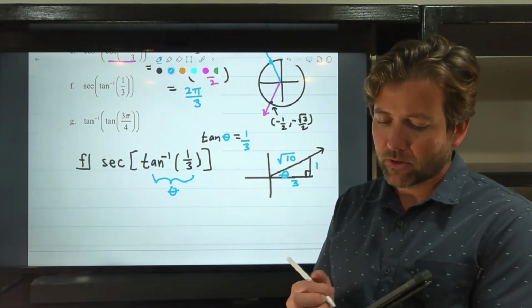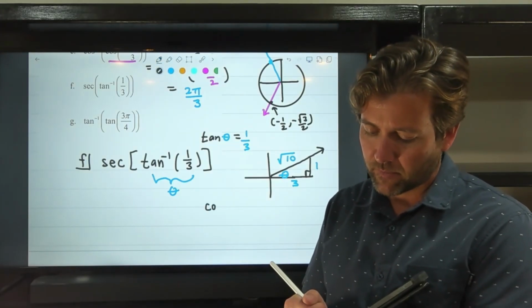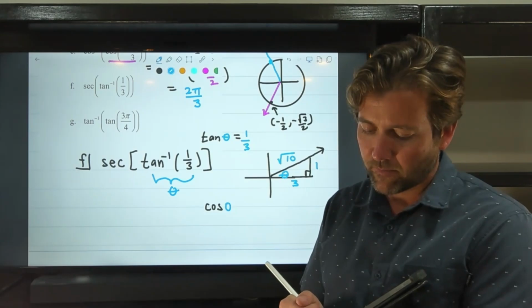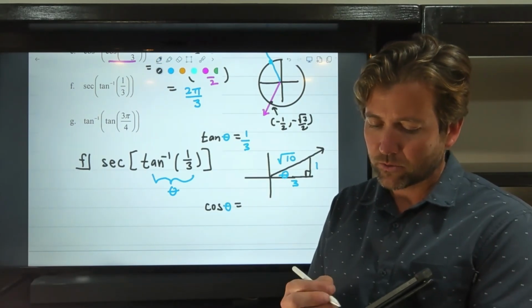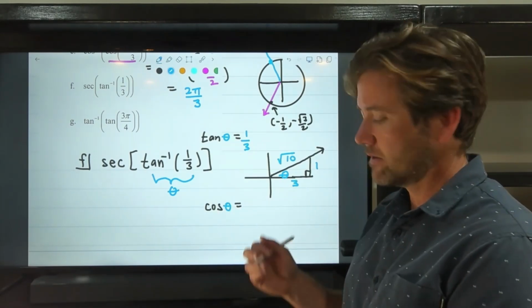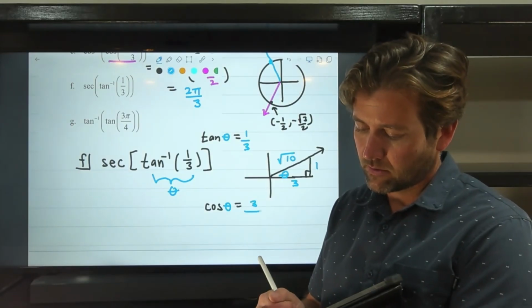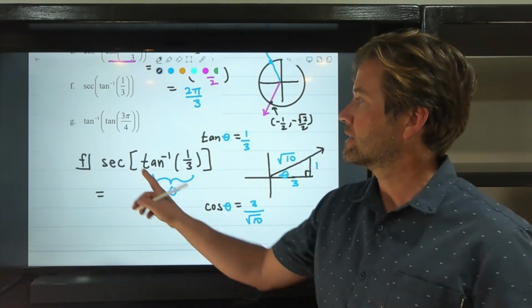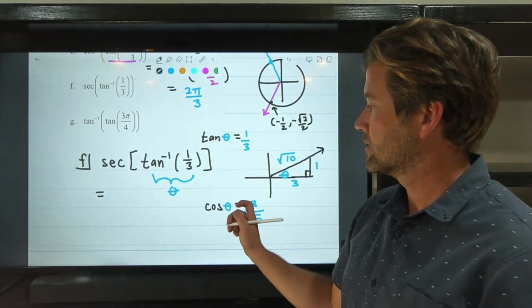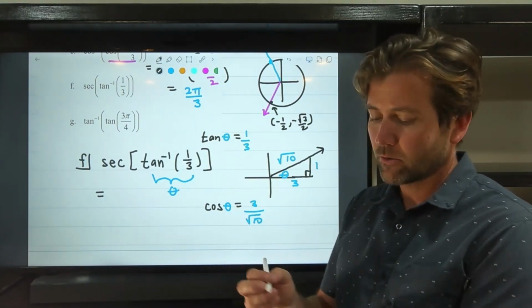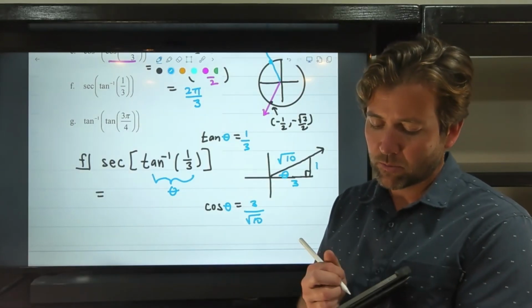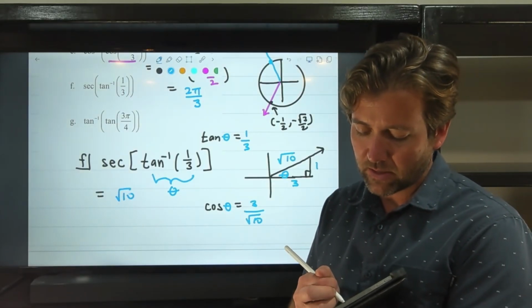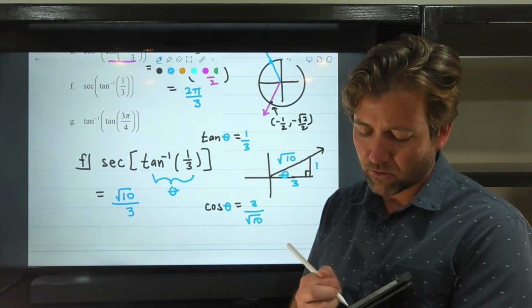So the cosine of theta is equal to the adjacent side divided by the hypotenuse. That would imply the secant is the reciprocal of cosine. So I'm going to take the reciprocal of 3 over root 10 and I get root 10 over 3.